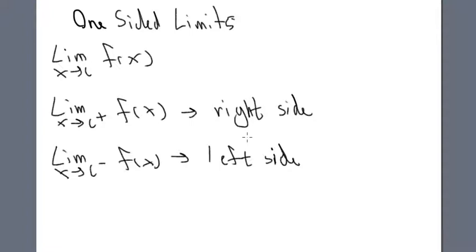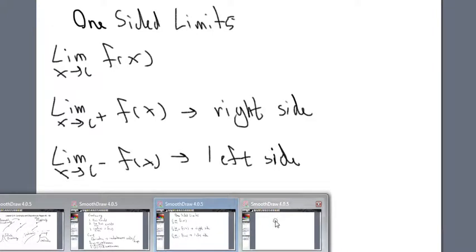Example 1, directly under where it talks about one-sided limits. So we have example 1 from page 48.